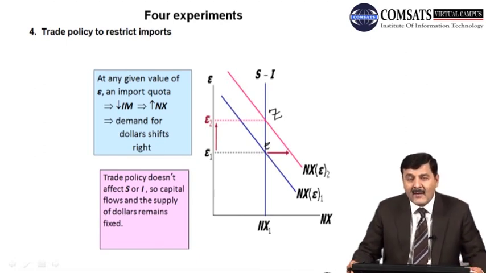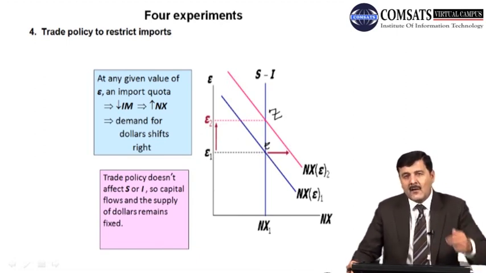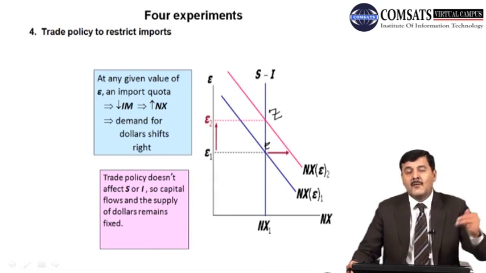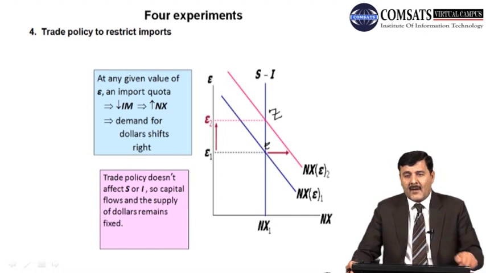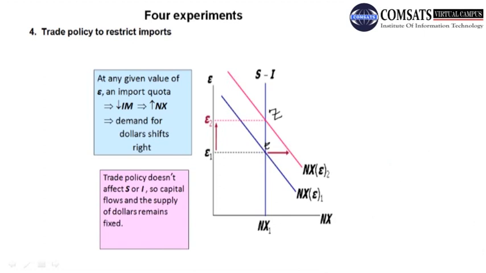Now what is happening at Z? We saw that the real exchange rate has increased in the foreign exchange market from E1 to E2, but the net exports and the capital flows, as well as the supply of dollar, are fixed and remain the same, so there is no change.